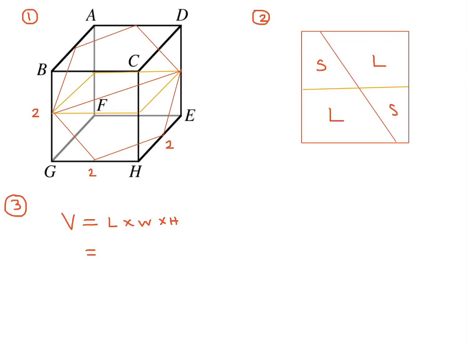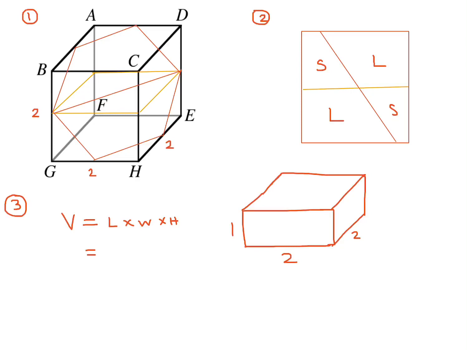So now I want to figure out the volume of not the full cube, but just the half of it. Just that part there. So if I were to draw a 3D, it would be like this. My cube's been sliced in half. So this is 2, but this is now 1, right?